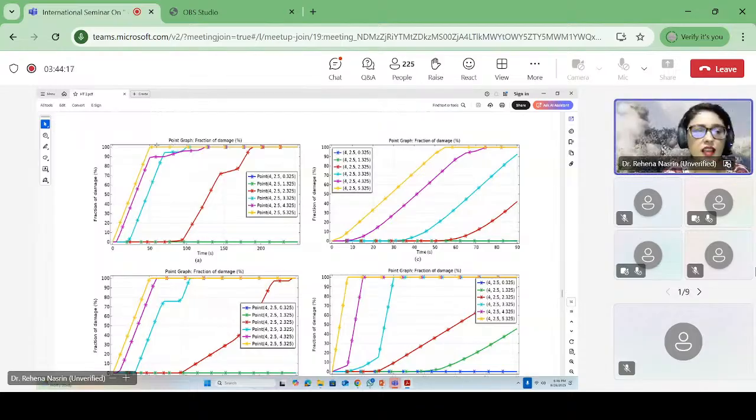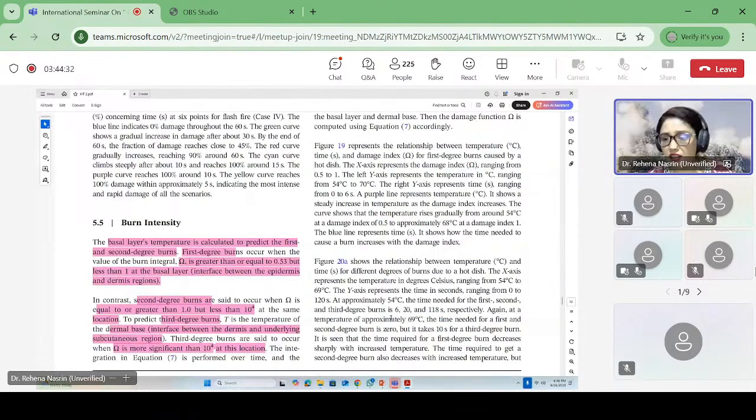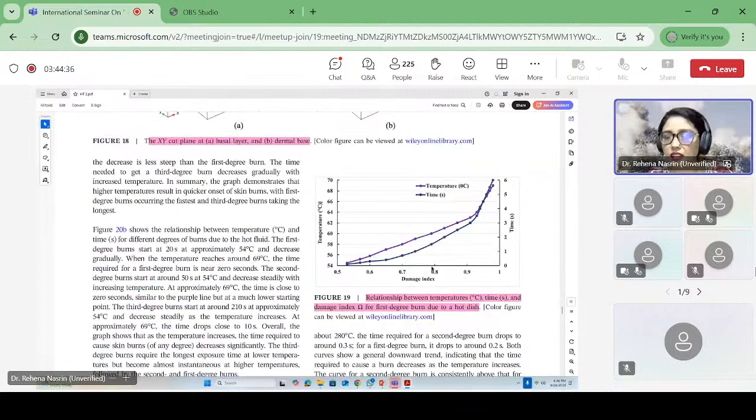With a hot dish at 50 degrees Celsius, the soft layer of our skin becomes highly damaged. So this is the burn intensity part, and here we can calculate the relationship between time, temperature, and burn intensity. When burn intensity increases, time also increases and temperature also increases.